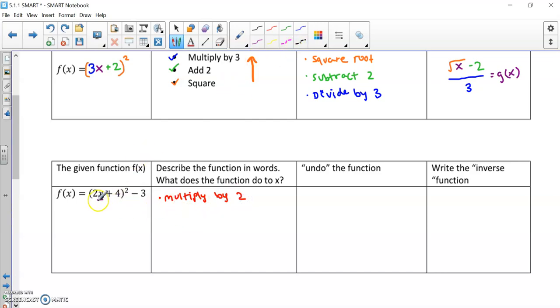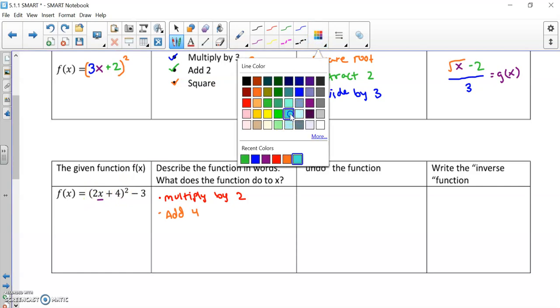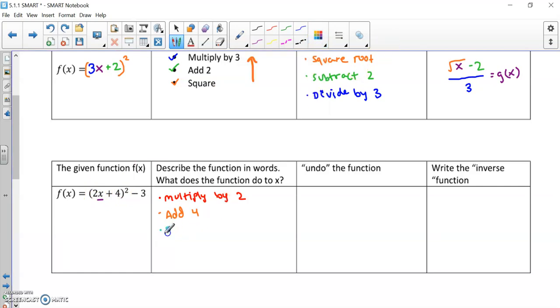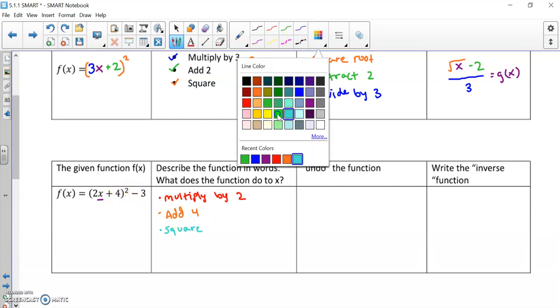And next, we added 4. So add 4. All right, the next thing that happened is that we took all of that and we raised it to the second power. So we squared it. So we're going to write square. All right, and then lastly, we subtracted 3.